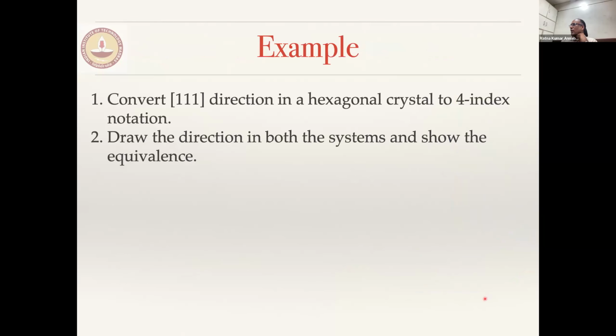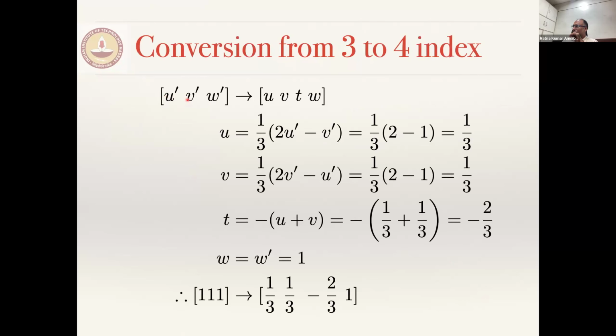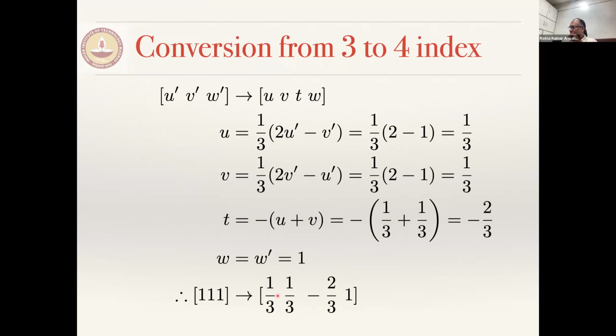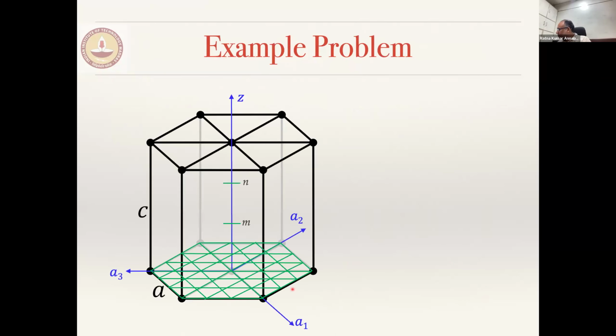Now, if I have to take the 111 direction into hexagonal 4-index notation using the formula that I have given, it becomes 1/3, 1/3, 2/3 bar and 1. So if I say 1/3, I have to move by 1/3. Another 1/3 means this, right?